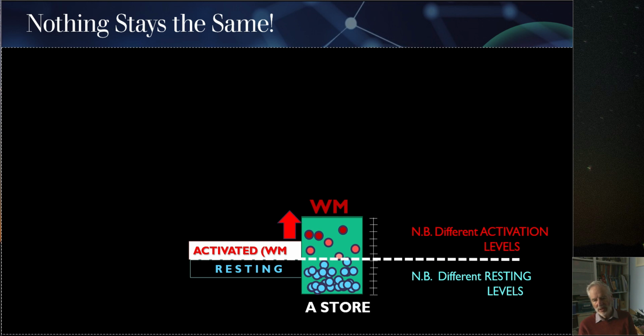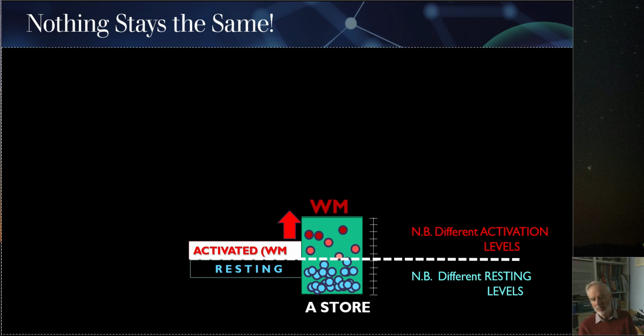So here we have an example of some of those blue sleepy representations that have now been called upon to solve a particular task, and they have been activated, and they're now in syntactic working memory, right? And they've been activated to different degrees for the reason I've just told you.